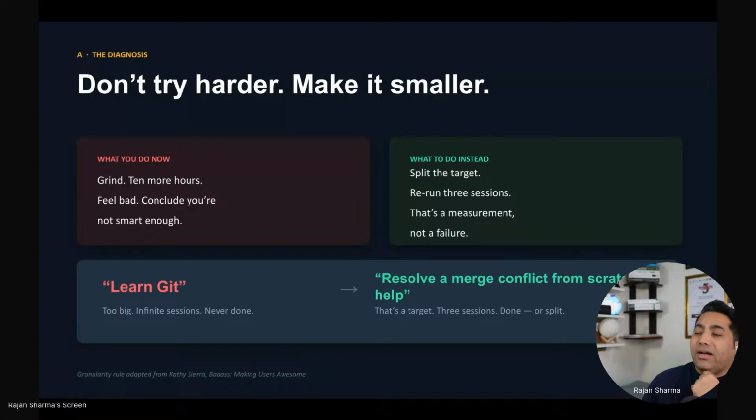When you are stuck after three or four sessions on something you cannot do, you do ten more hours, you feel bad about yourself, and you conclude you are not smart enough. That's your assumption, and you can relate that with any technology you're learning. You start with something, this is great, and within the next four or five hours you get stuck, you keep spending hours but are not able to figure it out, and you end up thinking, I'm not good at that.